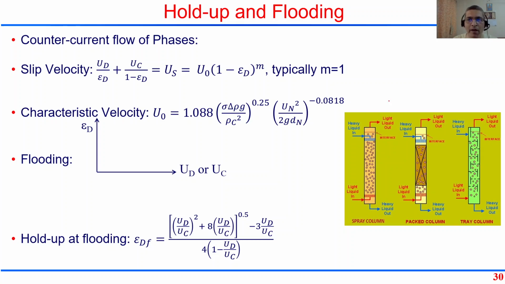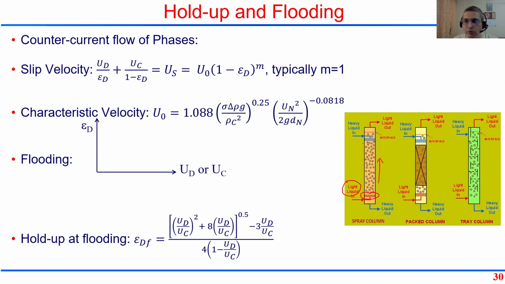If you imagine this as a spray column, we have drops going up in this particular case, let's say. So this light phase is dispersed by way of a distributor, and the drops of the light phase are formed, and then they are going up. The heavy phase is coming down.